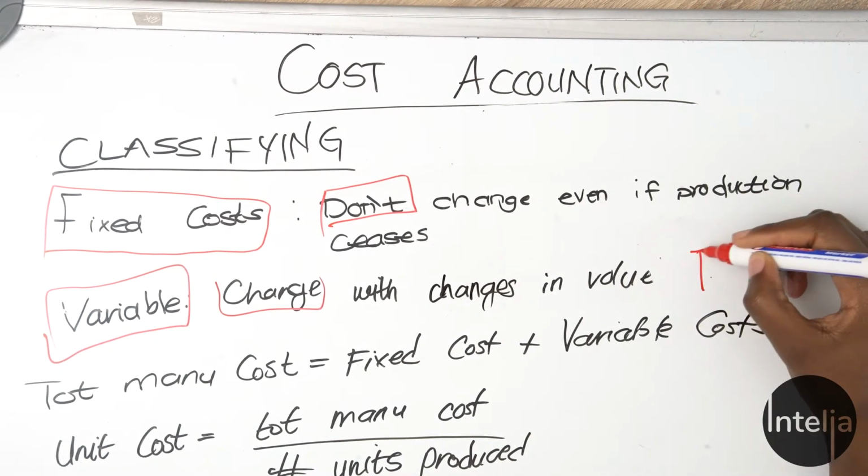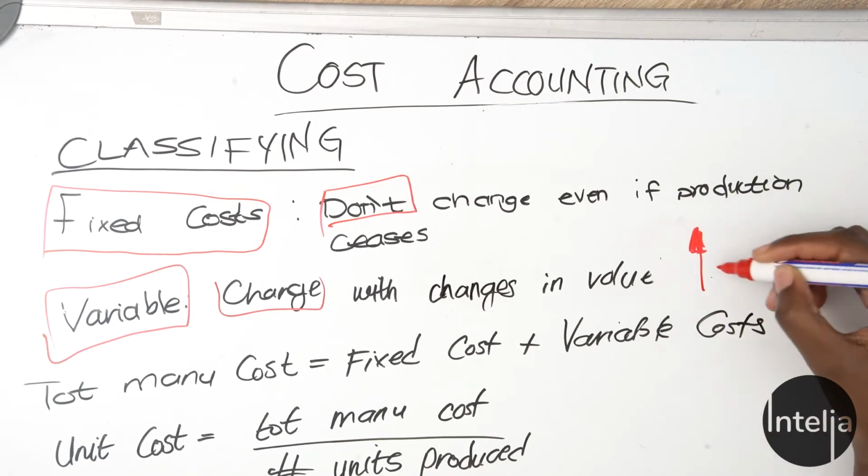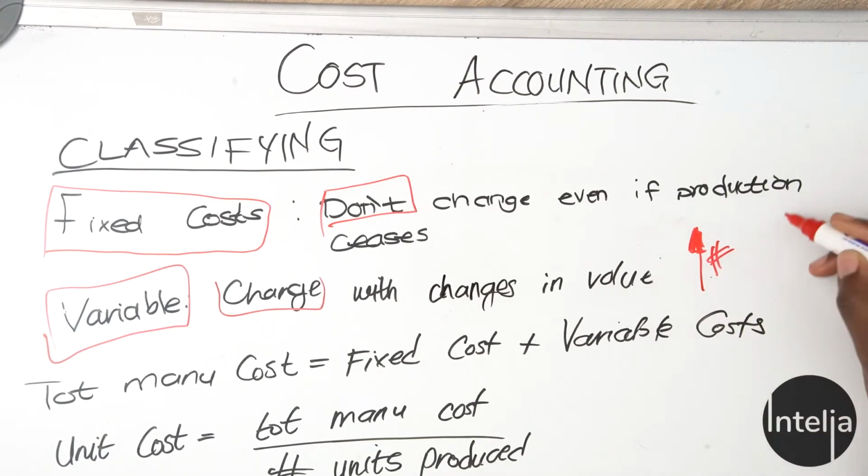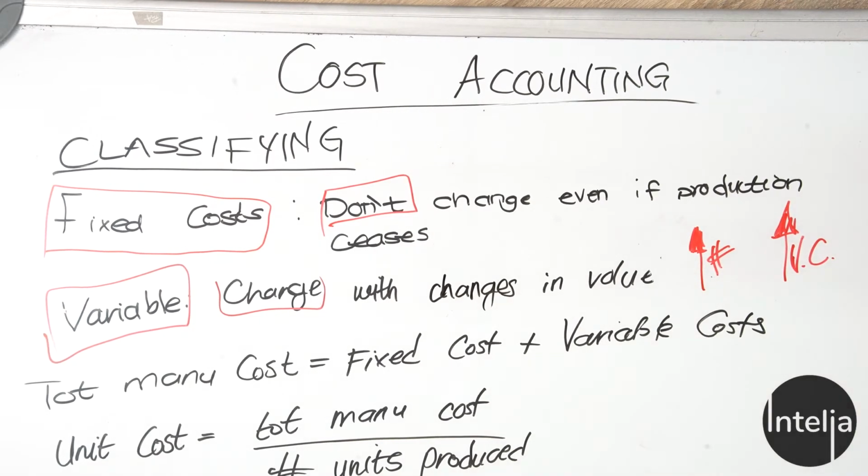As the number of units increases, variable cost increases as well. So it's a directly proportional relationship: the more products we produce, the higher that cost becomes, and the fewer products we produce, the lower that cost becomes.